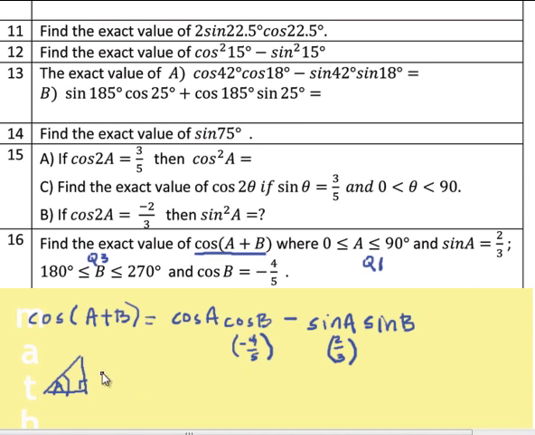That's opposite over hypotenuse. So this third side by the Pythagorean theorem is the square root of 9 minus 4, or square root 5. And remember, we're in quadrant 1 where all the trig values are positive, so cosine is square root 5 over 3.